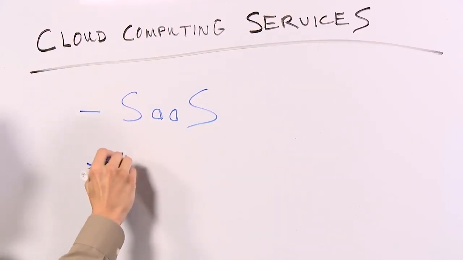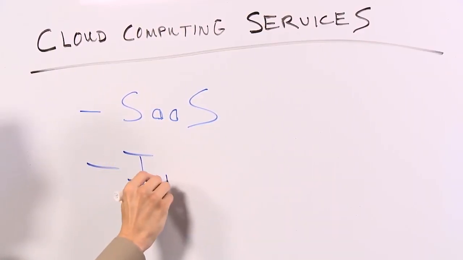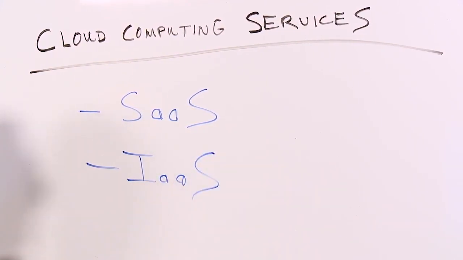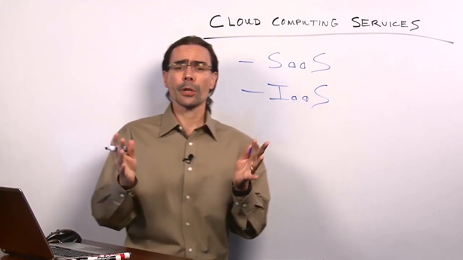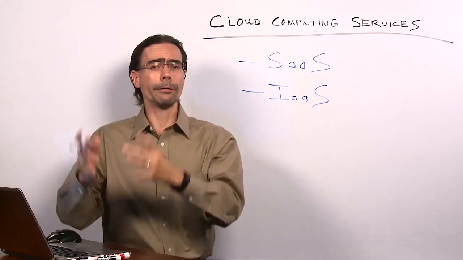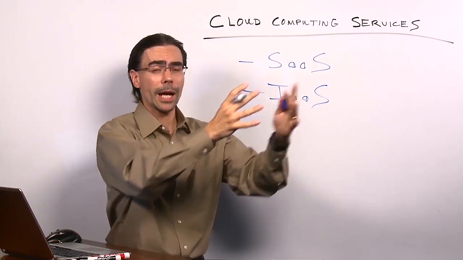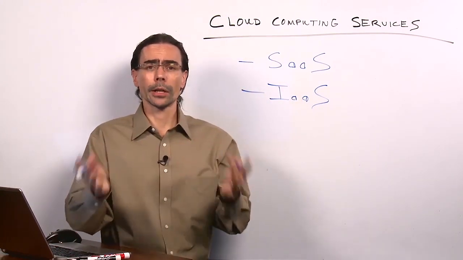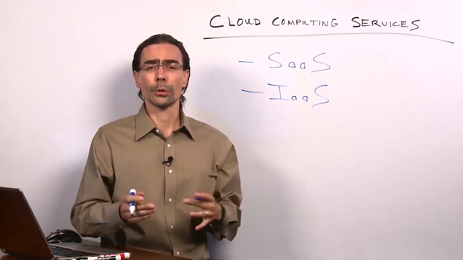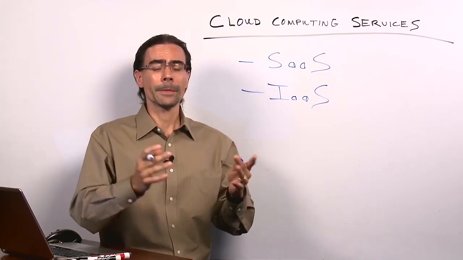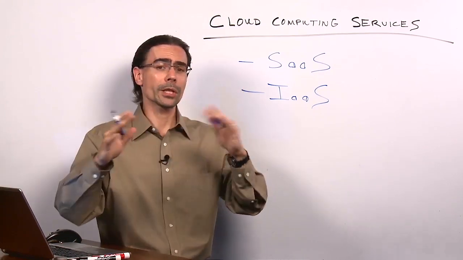The second is infrastructure as a service, or IaaS. And infrastructure as a service is when you can offload some of your network out to the cloud. Your network architecture, your storage, your load balancing, your routing, your network switches.